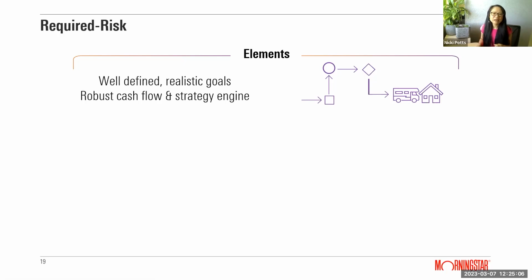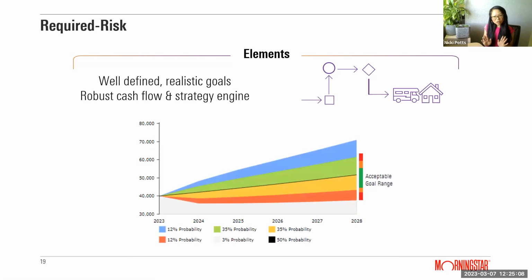So here's an example of what that can look like. We have a simplistic goal of reaching 50,000 from 40,000 in 5 years' time. The acceptable range is set at 10%, so you get a range of 45 to 50,000. And what you want to do is maximize the probability of being in that green acceptable range.